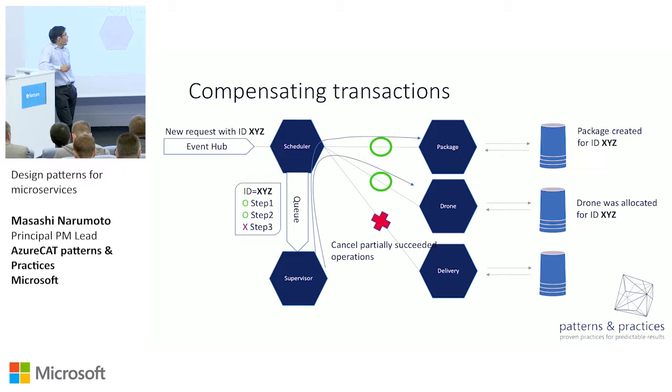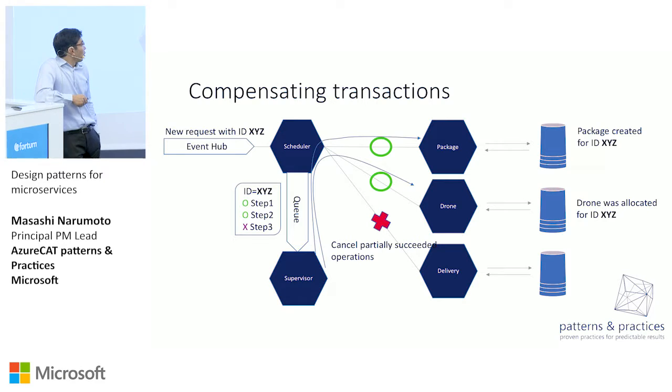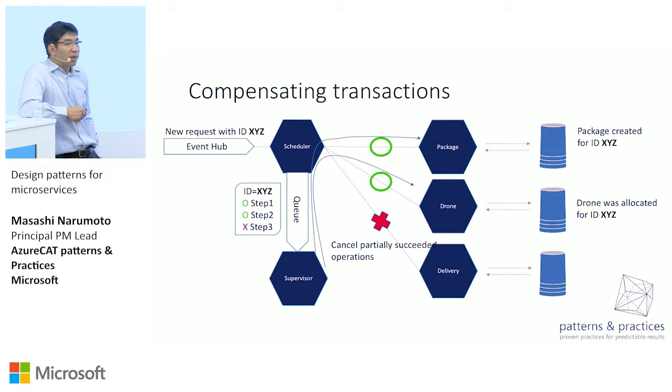So let everybody retry, and only the guy who failed will do it again. That's one option. But what we are doing here is to retry only the failed operation because we track the status here. And finally, if all the retries going to this guy fail, then we cancel only the succeeded operation.